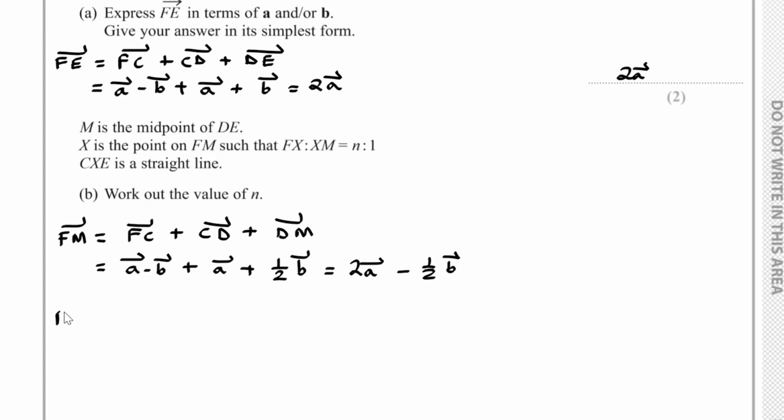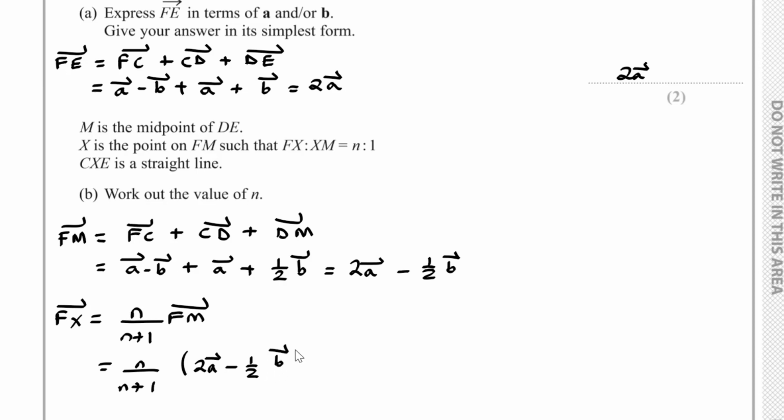So let's just write that down. FX, that's equal to n over n plus 1 lots of FM. So here we have n over n plus 1 lots of 2A minus 1/2 B.